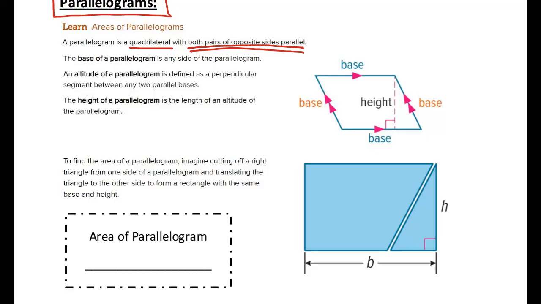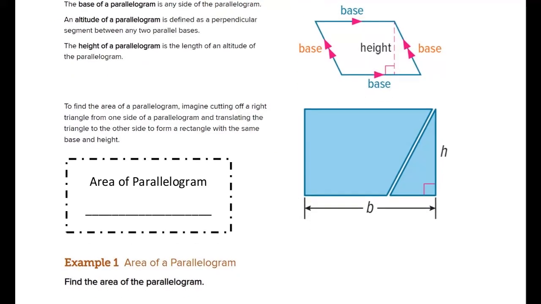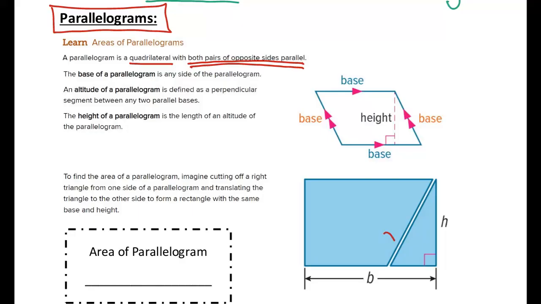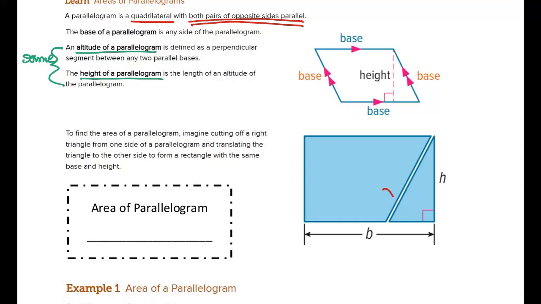Okay? And the height of a parallelogram is the length of an altitude of the parallelogram. So the altitude here and the height, these are the same. So this is a parallelogram.